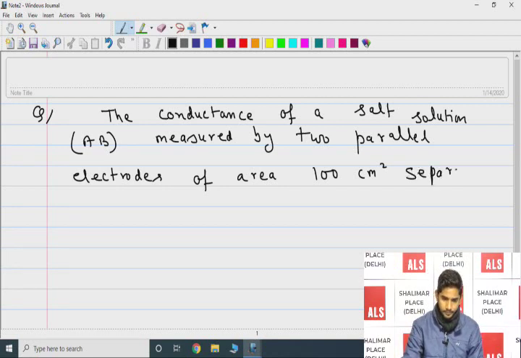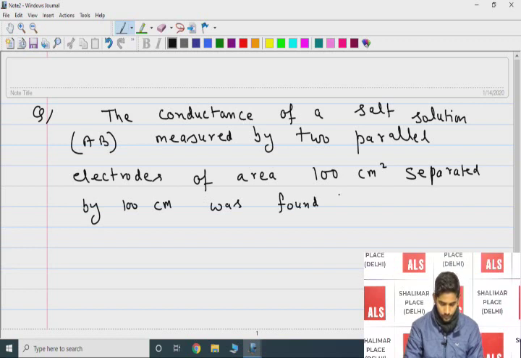Separated by 10 centimeter was found to be 10 to the power minus 4 ohm inverse.